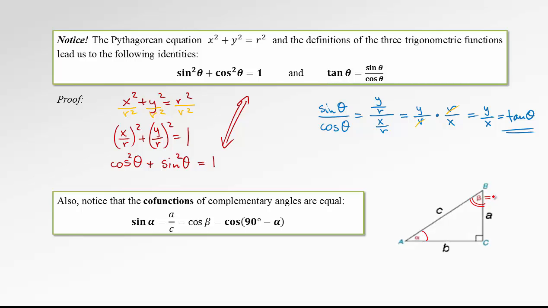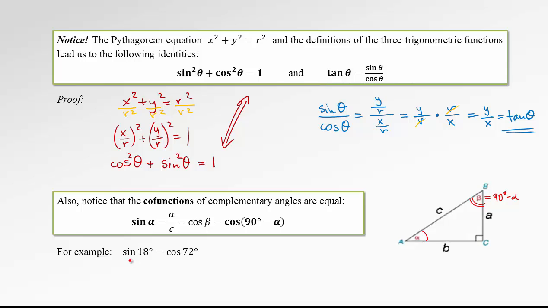But we know that beta is the same as 90 degrees minus alpha, isn't it? So just looking at this right-angled triangle, it's easy to say that for acute angles, the equation sine alpha equals cosine of 90 minus alpha holds. The cofunctions, sine and cosine, those are cofunctions of complementary angles, are equal. Okay, that's good to remember.